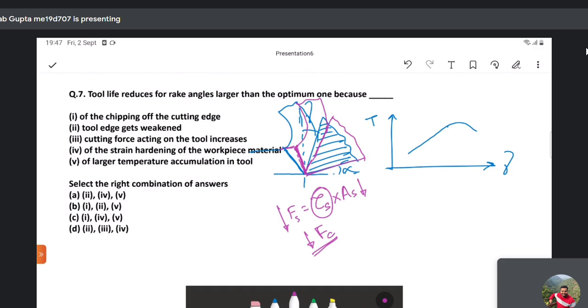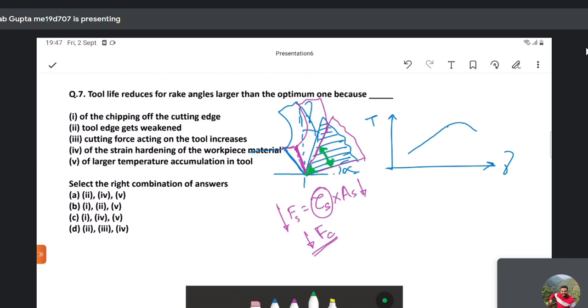But at the same time, you can see that if you are reducing this particular section of the tool, the material that is holding the tool is itself reducing. The tool material is reducing with increasing rake angle, and as a result, under high dynamic loads, the tip of the tool may chip off due to this reduction in material.